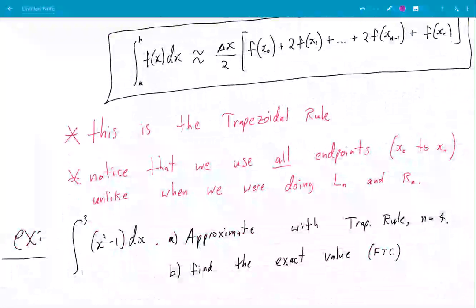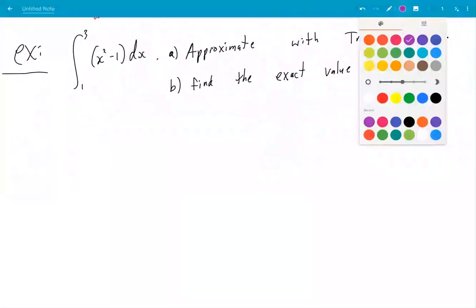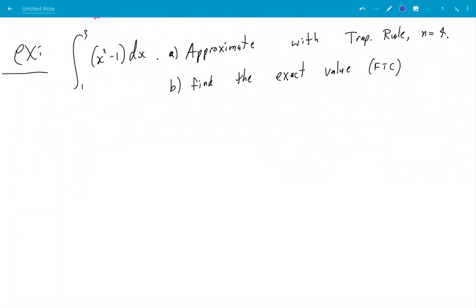Okay, let's do an example. Pause and copy this example here. So let's see what we get.